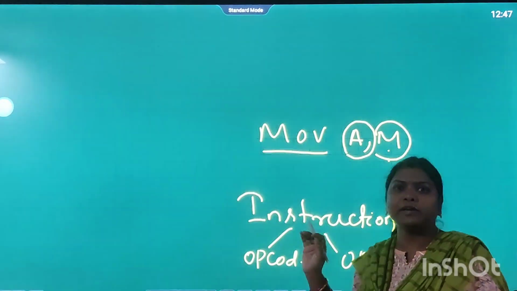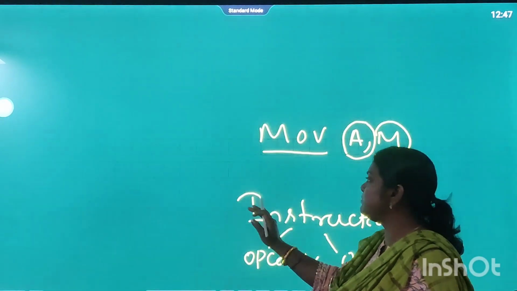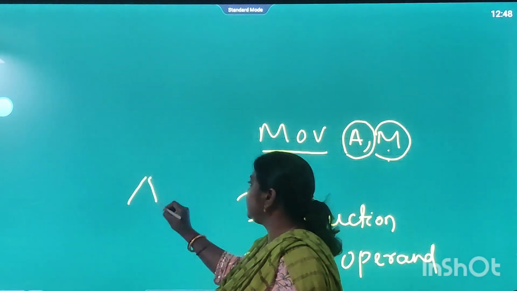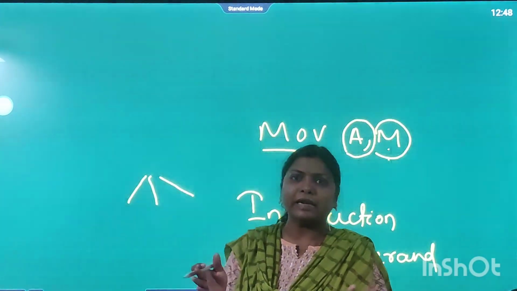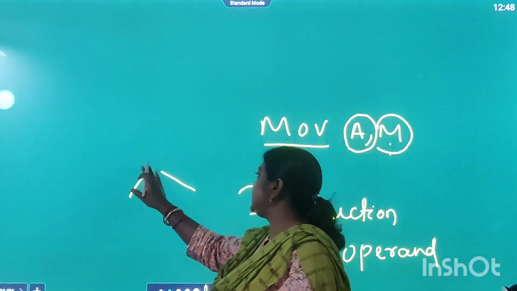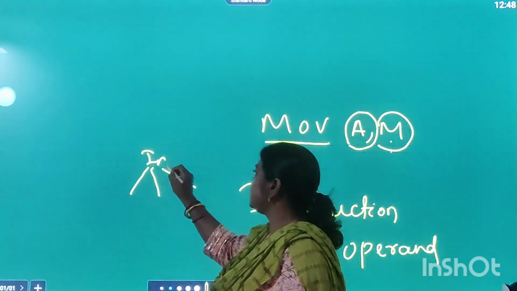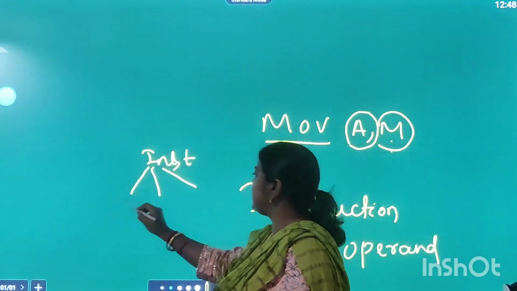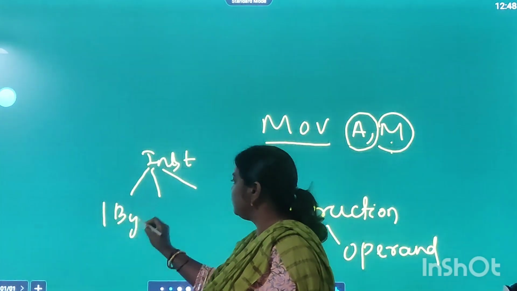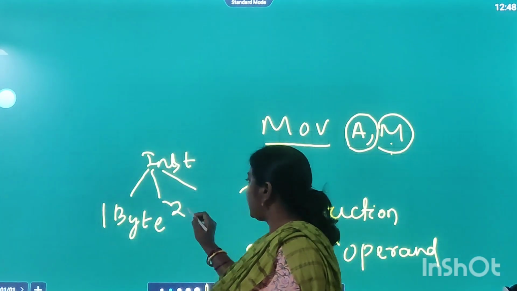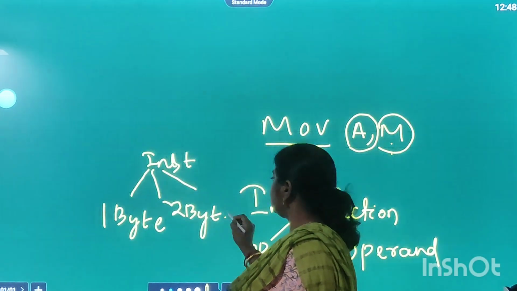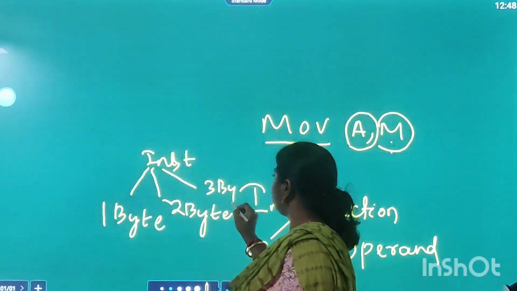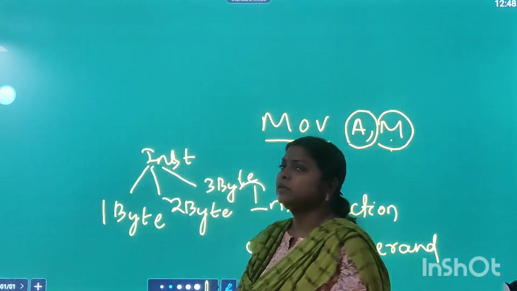In the 8085 microprocessor, instructions are divided into different categories on the basis of word length. So the instructions are of three types: 1 byte instruction, 2 byte instruction, and 3 byte instruction.